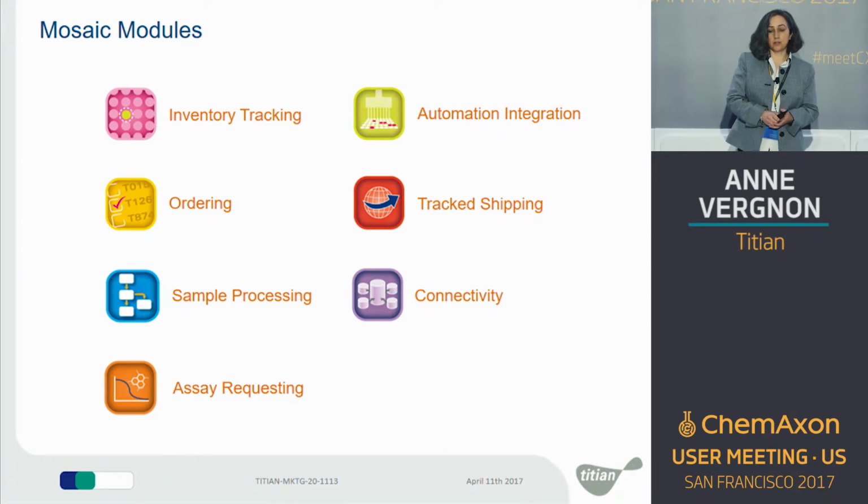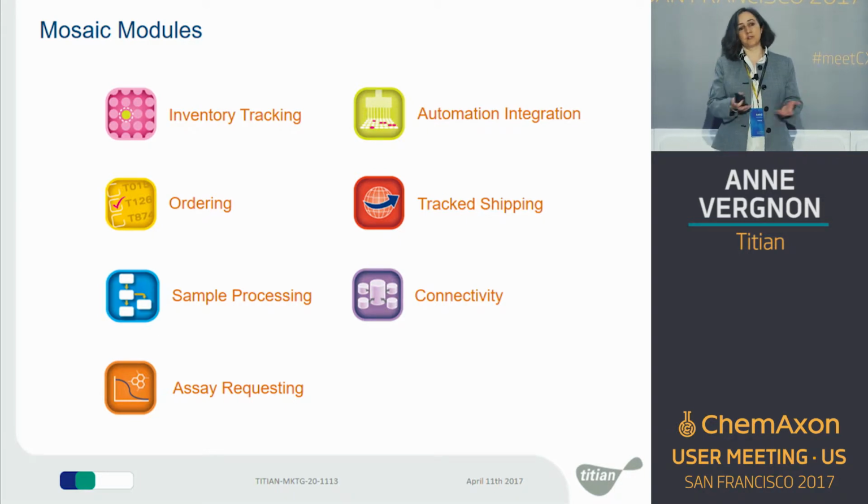These are the modules that we offer in Mosaic. The core is inventory tracking. With this tracking, we integrate with various types of automation, from your simple 2D barcode scanner to your liquid handler, automated store, and bigger systems.